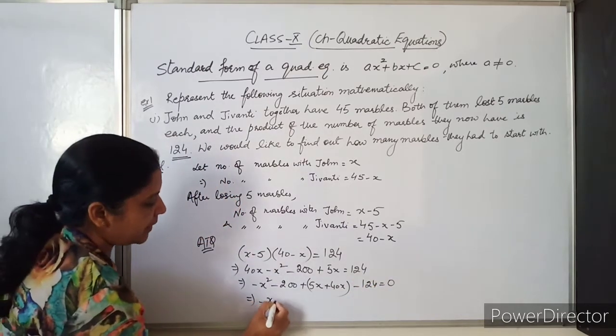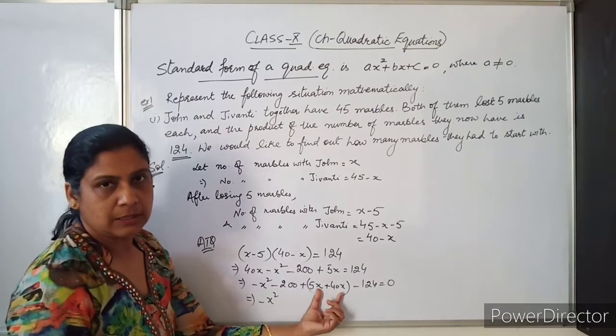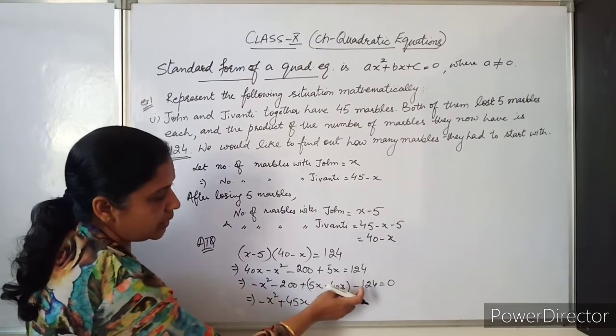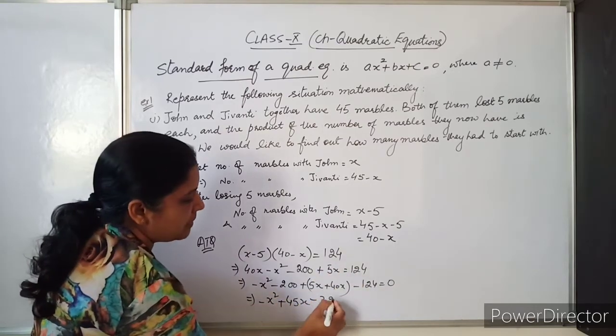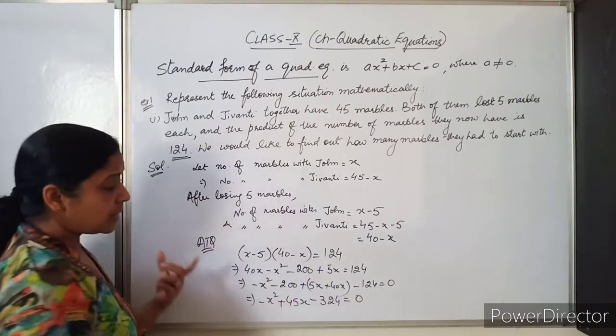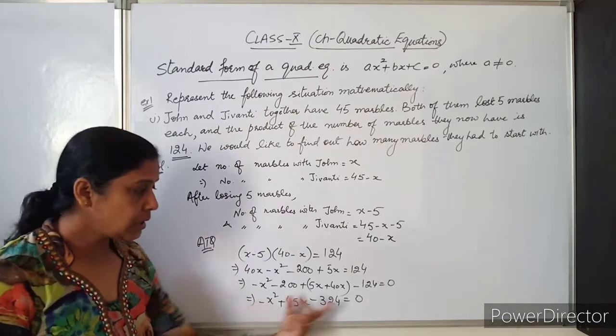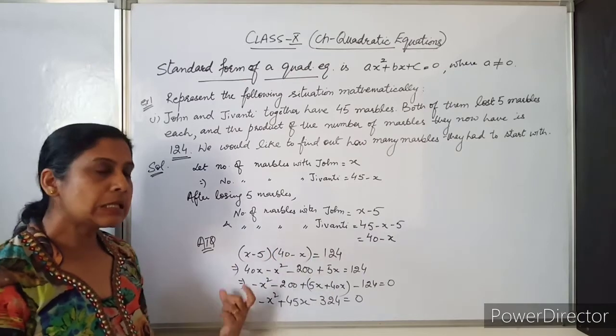So when I simplify it, it is 5 plus 40, 45x. I will be writing it here. Minus 200 minus 124 gives me minus 324. But since we do not start our equation anytime with the negative ones, we change the signs throughout.